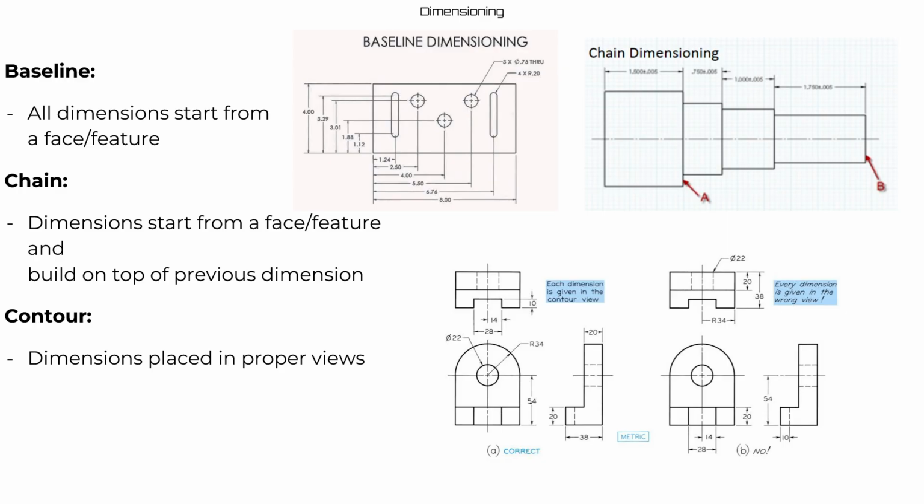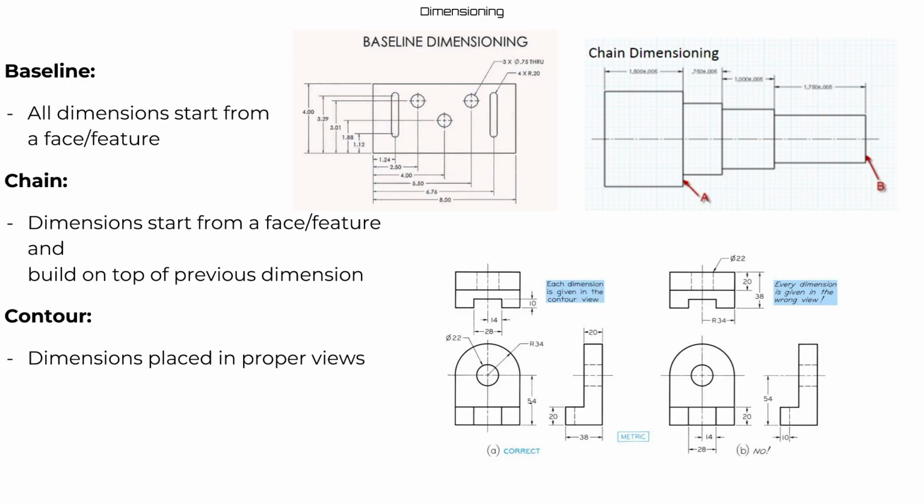So if you look at the baseline dimensioning picture that I have, you're starting at some kind of face or edge, and you're just working down from your dimensions. So you can see this one here says 4 for the entire length of this object, and then from the top slot to the bottom, that's 3.29, and then the hole over here is 3.01, and so on and so forth.